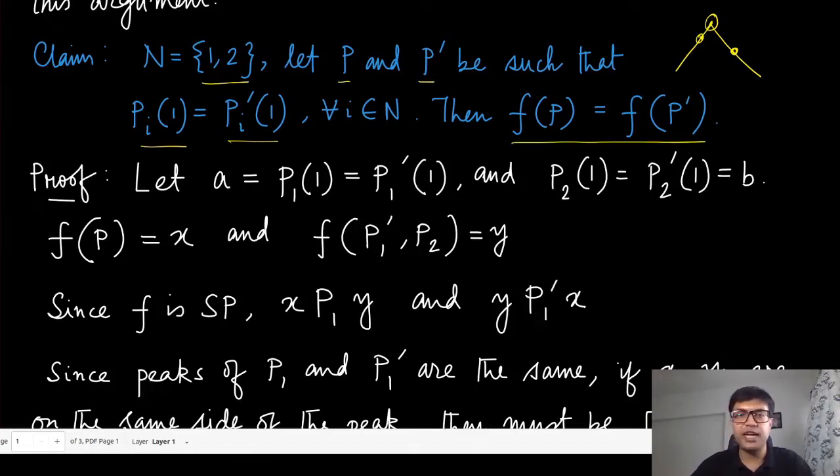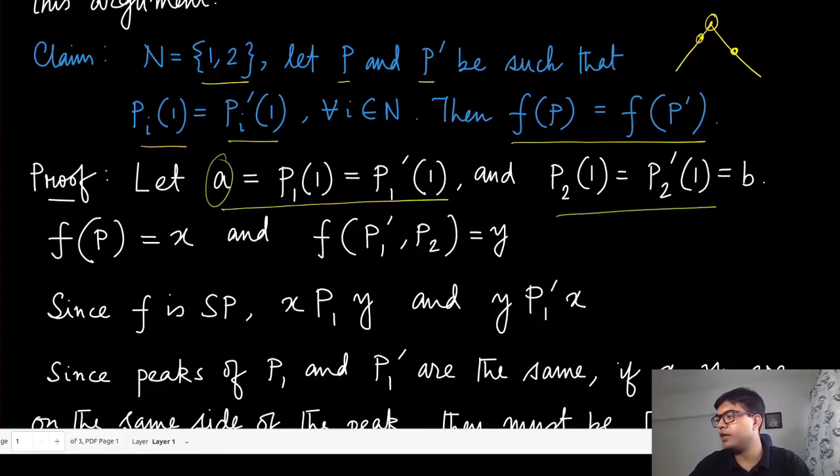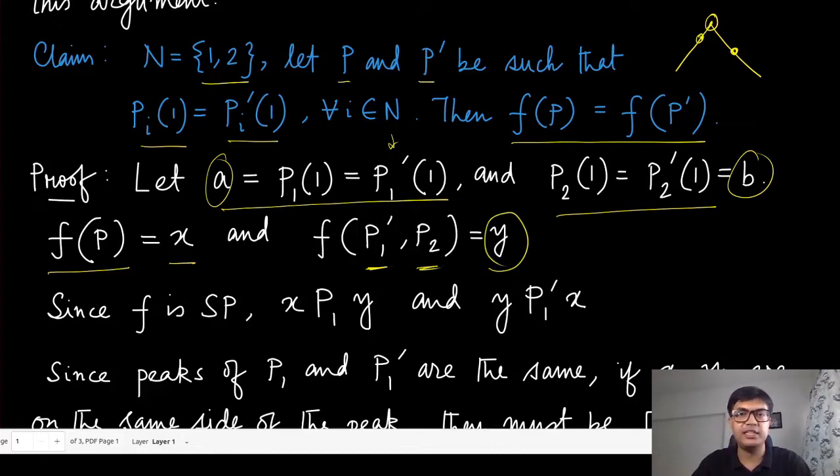So how can we prove that? Let us assume that player 1's peak in these two profiles is A, and that for player 2 is B. Suppose that f of P, the outcome in the first case, is X, and the outcome when we change the first player's preference to the second preference ordering, P1 prime, and keep the second player's preference the same, is Y. Quite naturally, we assume for contradiction that Y is not equal to X, and let's see what happens.